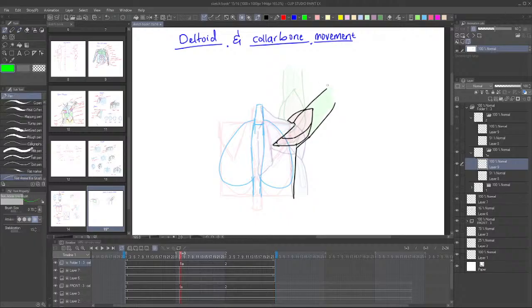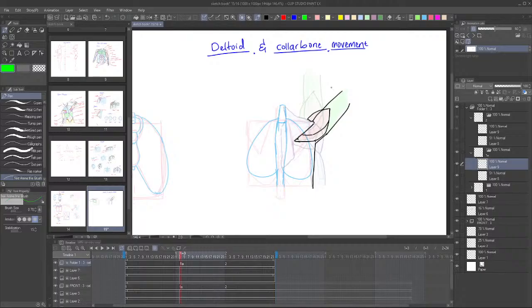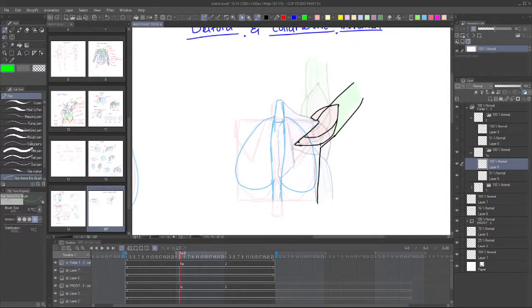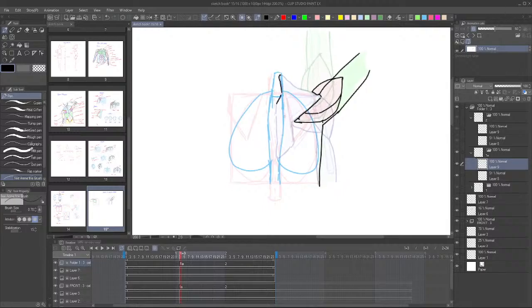Why do you think those muscles do like that? Why do you think the deltoid comes at the back? It's because, I know, the joints here at the clavicle and shoulder blades are not connected like hinges, right?